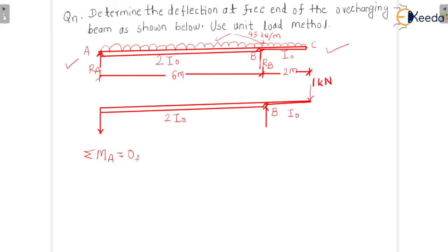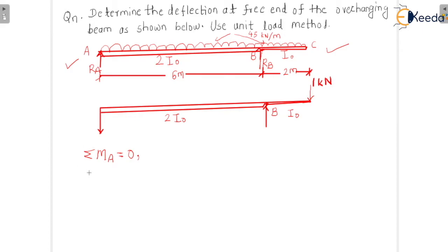Now let us consider moment about support A. What forces can we see here? We can see a support reaction Rb, and we can see UDL. UDL all over the span, it's the same UDL, that is 45 kilonewton per meter.